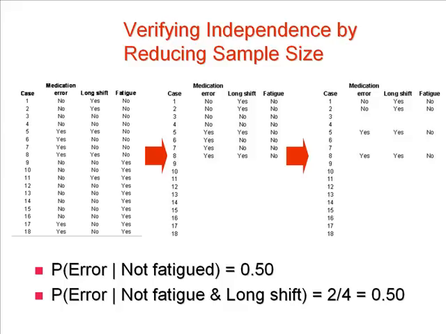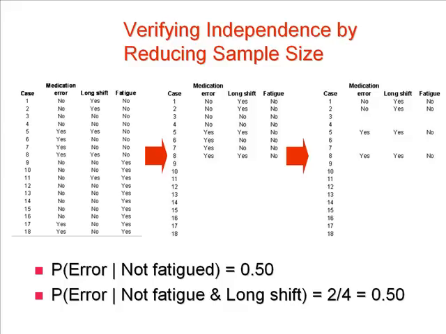For example, in the table to the left, 18 cases from a special unit prone to medication errors are presented. The question is whether the rate of medication errors is independent of length of the work shift. Using the data in the table, the probability of medication error is calculated as 33%.